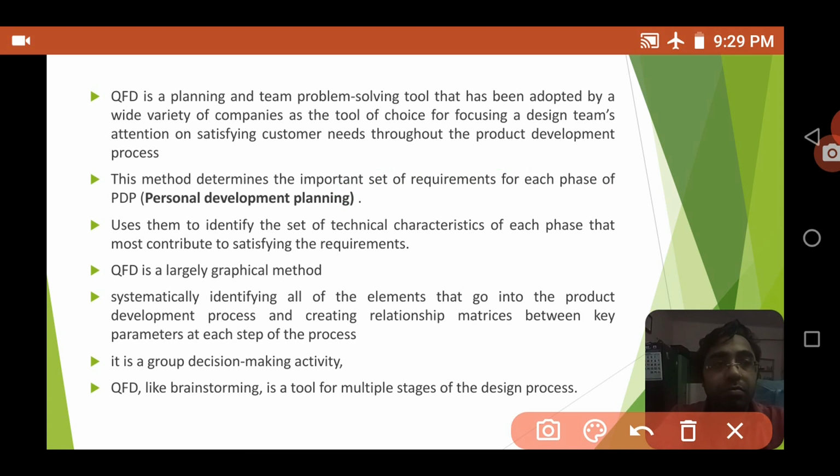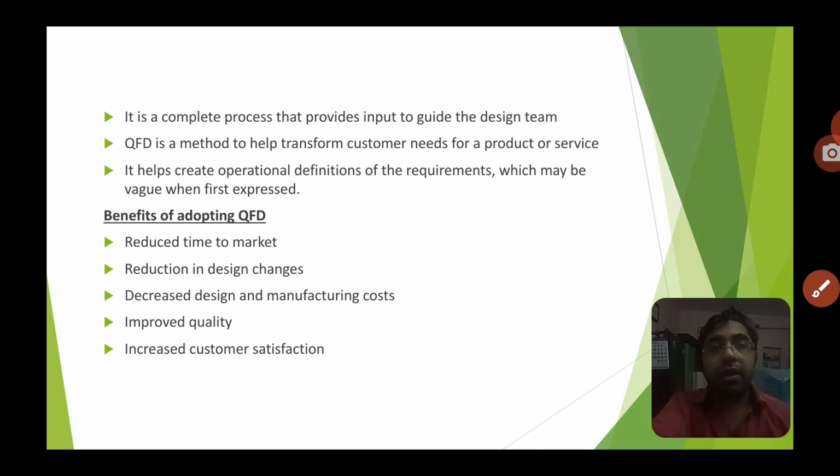Okay, so next we can go on. It is a complete process that provides the input to guide the system design. A design team which uses QFD will get the complete process, what processes are needed and what the guidelines are.